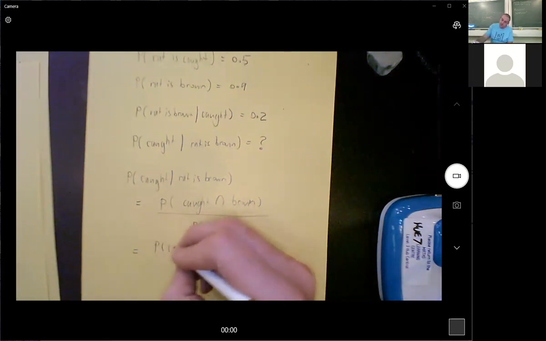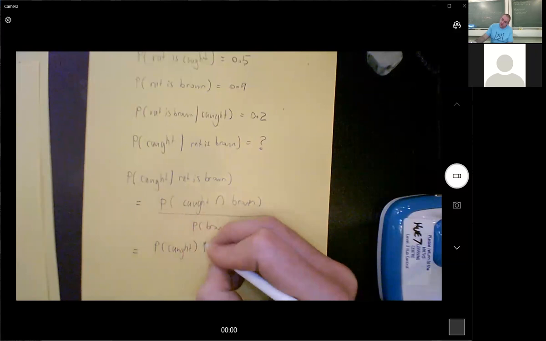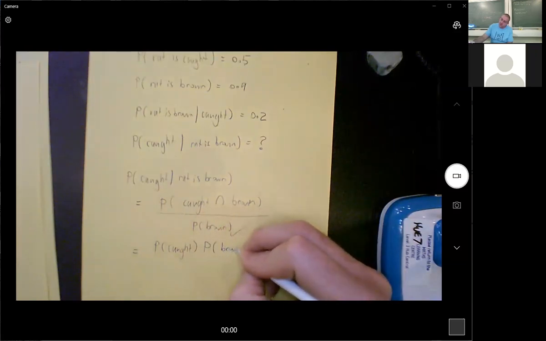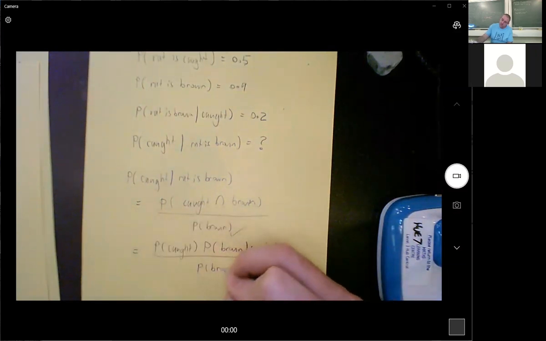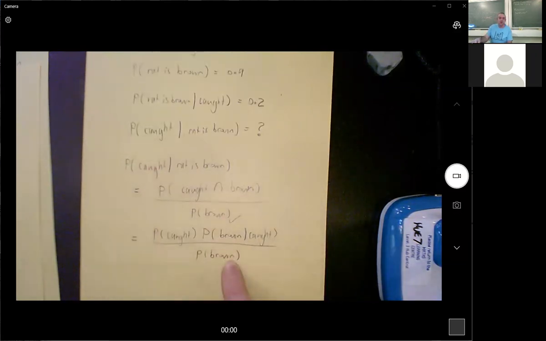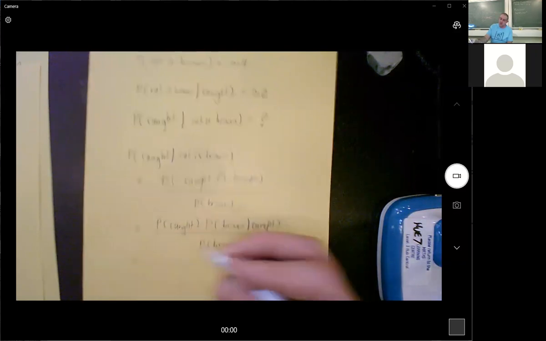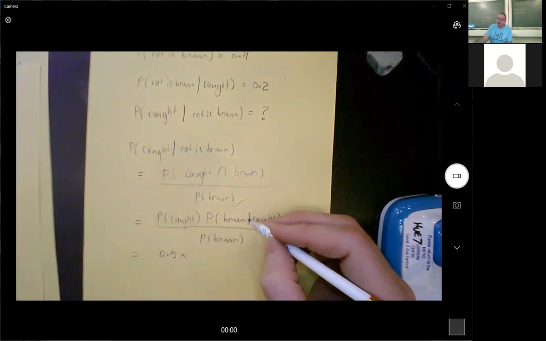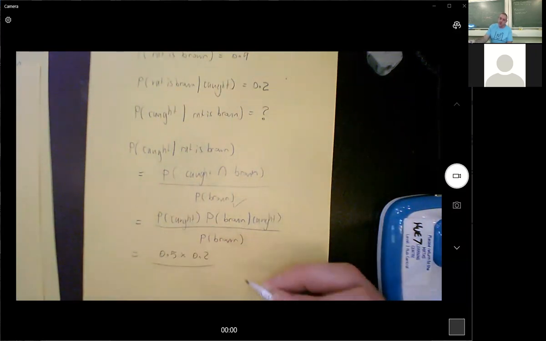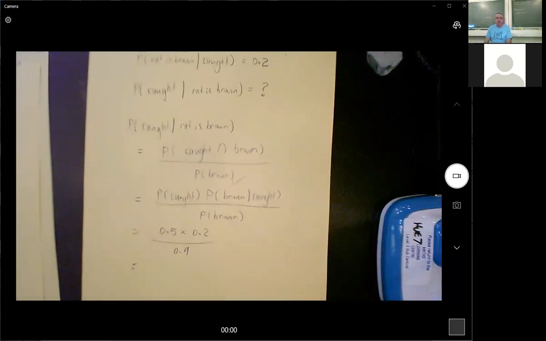So this will be the probability of being caught times the probability of being brown given that it's caught. Like that. And this is Bayes' law. And so the probability of being caught is 0.5, the probability of being brown, given that you got caught, was 0.2, and the probability of being brown was 0.9. And so I can figure out what all of those things are.